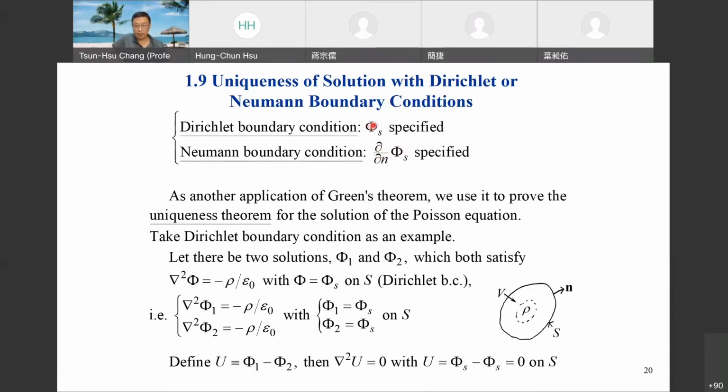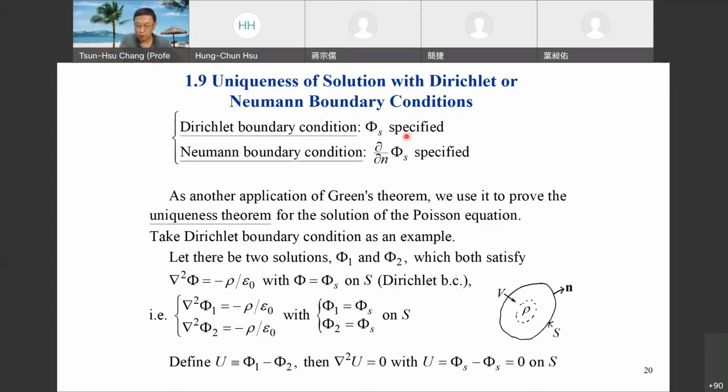This is actually related to the electric field, the component perpendicular to the surface. So this one specifies the potential, and this one specifies the electric field. You can specify the potential or electric field either way, but obviously potential is much easier to deal with.